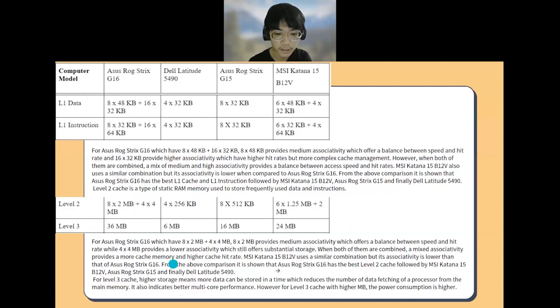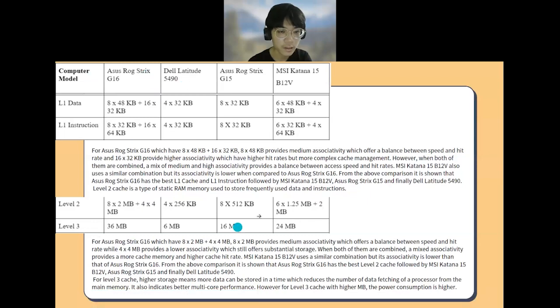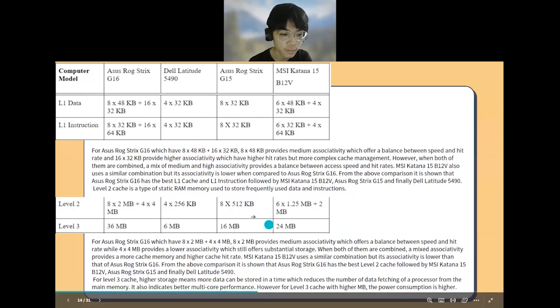From the result, we can see that the Asus ROG Strix G16 has the best level 2 cache, followed by the MSI Katana 15 B12 and Asus ROG G15, and finally the Dell Latitude 5490.